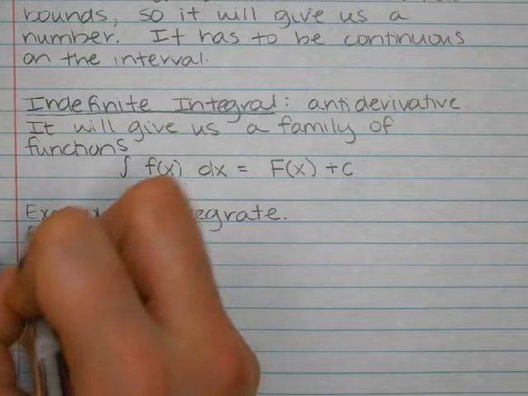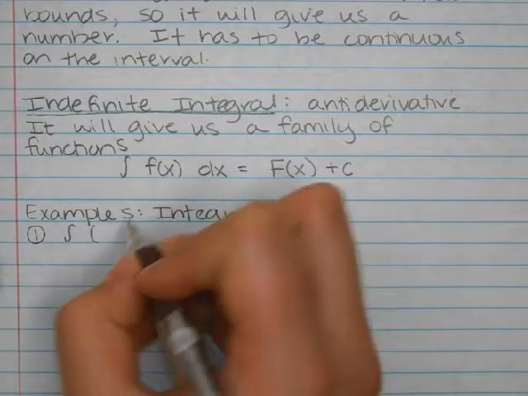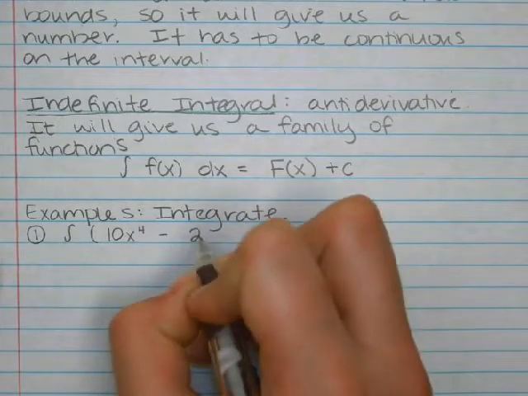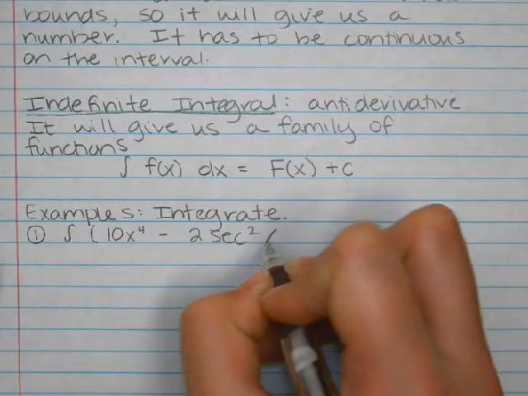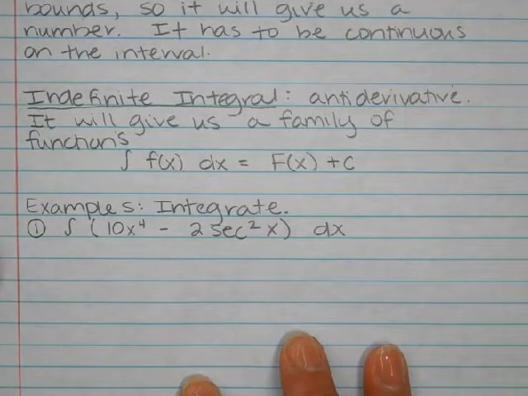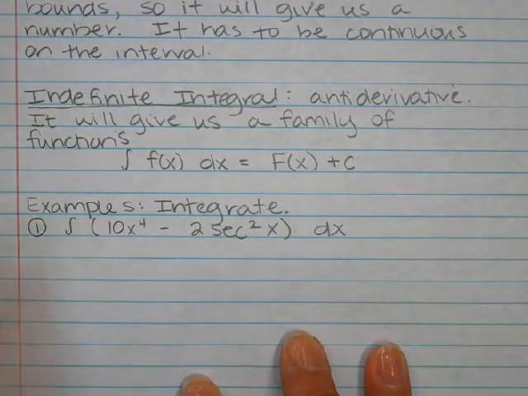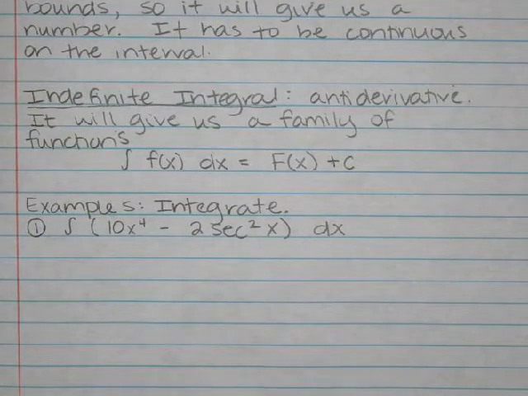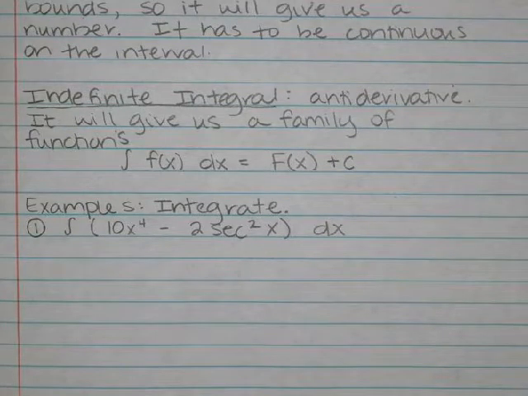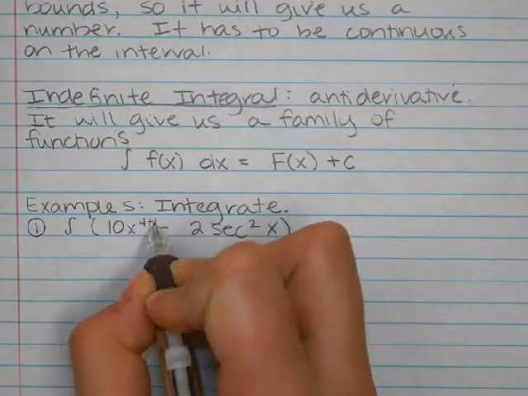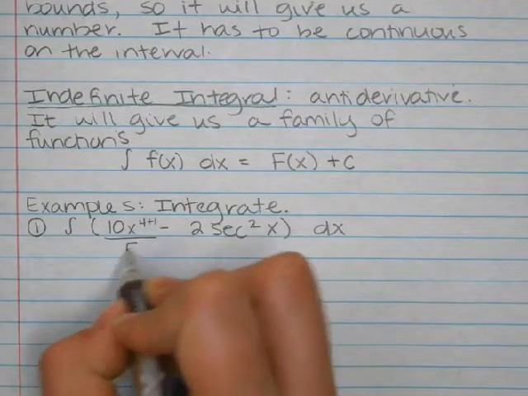So the first example, we're going to integrate 10x to the fourth minus 2 secant squared x dx. If you want to use the property of integrals to split those into two different pieces and to take the coefficients and move them to the front, you can do that. But we can also do it without splitting them apart. We can do it just the way it looks right now. So I would say I'm going to add 1 to the exponent and then divide by that number.